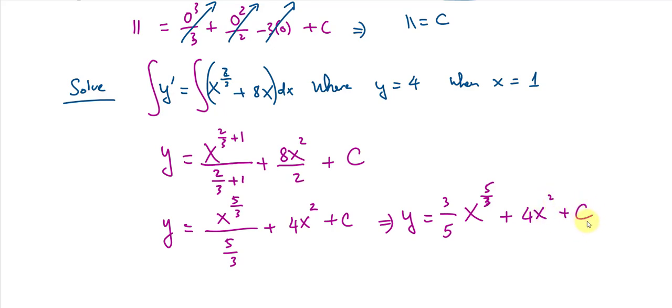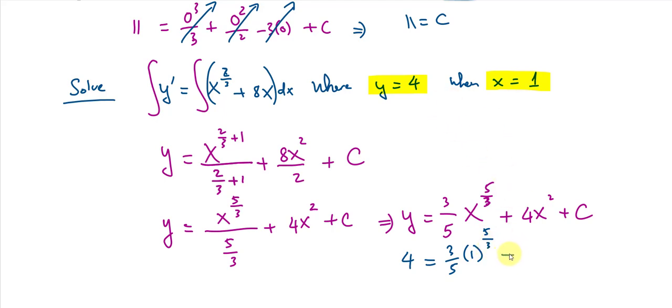Now the last thing you need to do is figure out the value of c, and we know that when x equals 1, y equals 4, that is your initial value. So my y equals 4 when my x value is equal to 1.